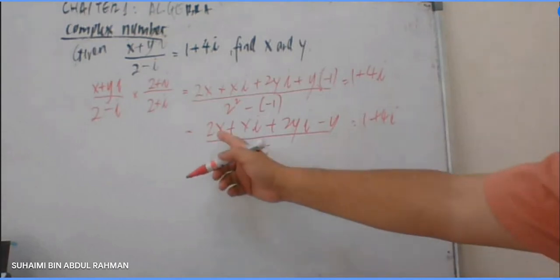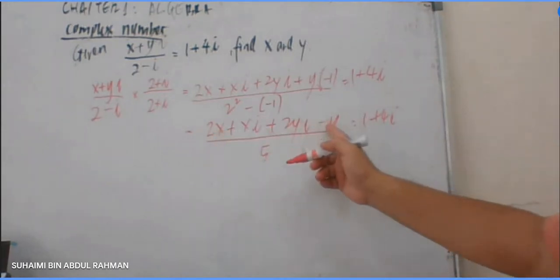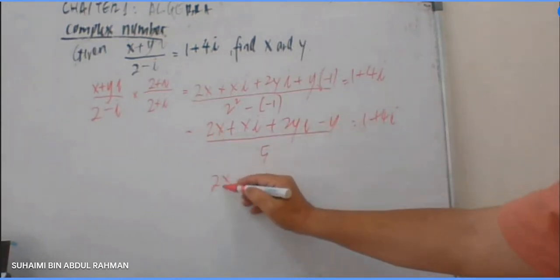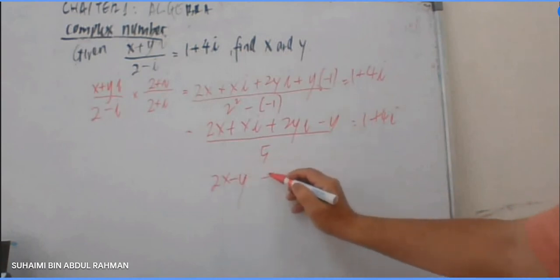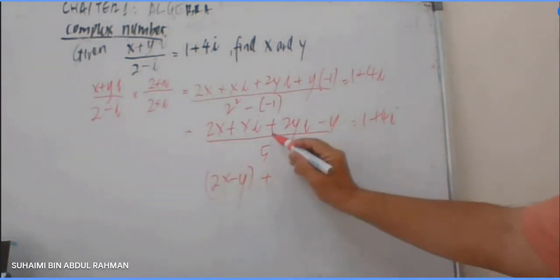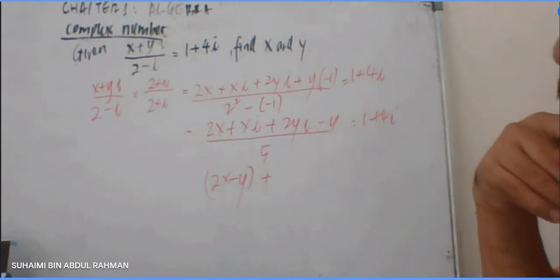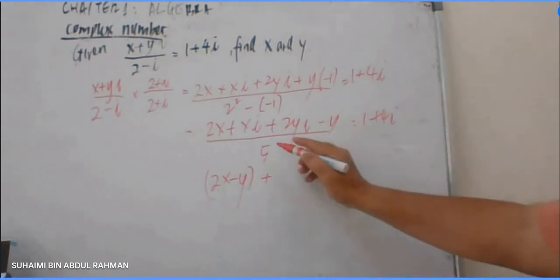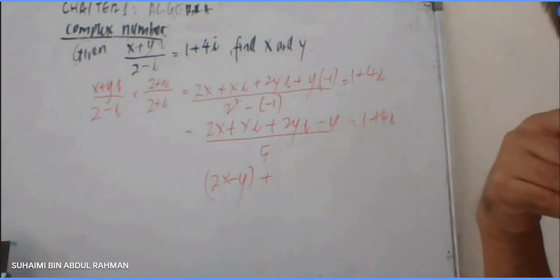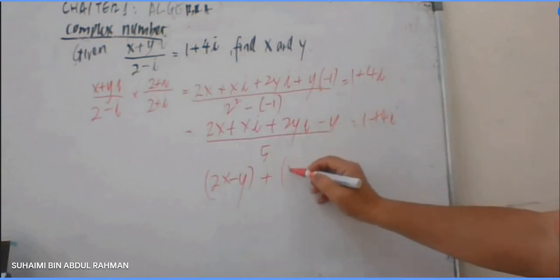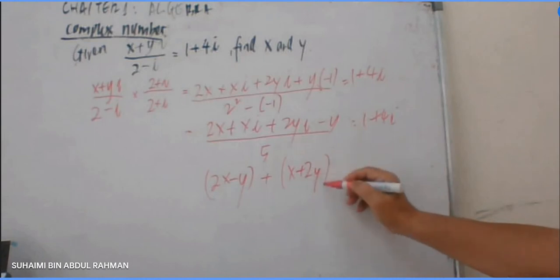So real and real only, x and y, they are real. So 2x minus y plus imaginary and imaginary, x plus 2y: xi plus 2yi, they are imaginary, therefore we're adding x plus 2y.